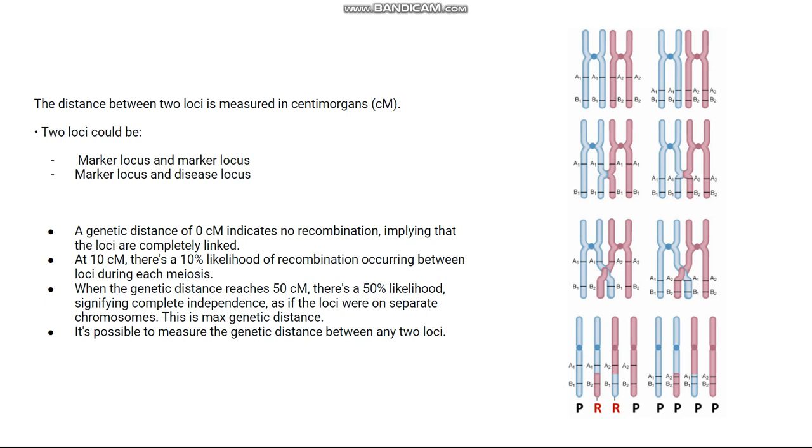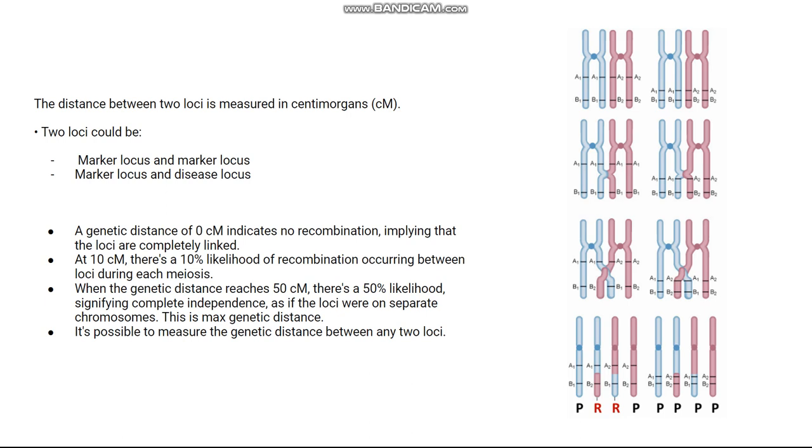Now what is recombination frequency? The distance between two loci, for example A and B here, can be found by looking at how often recombination happens in families. How often recombinations happen in families is what is called recombination frequency, and 1 centimorgan means a recombination frequency of 1%.